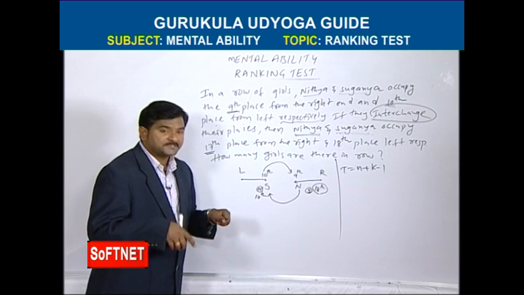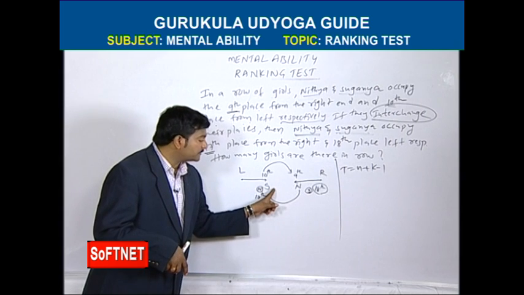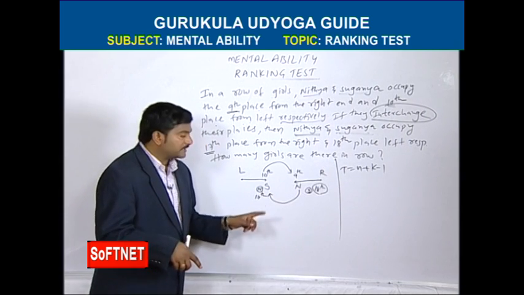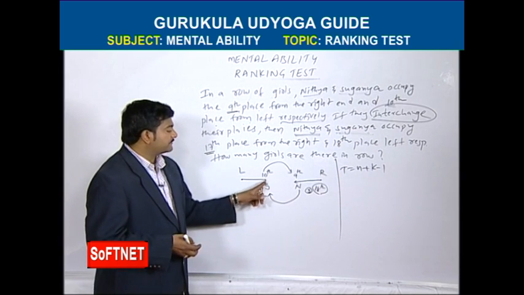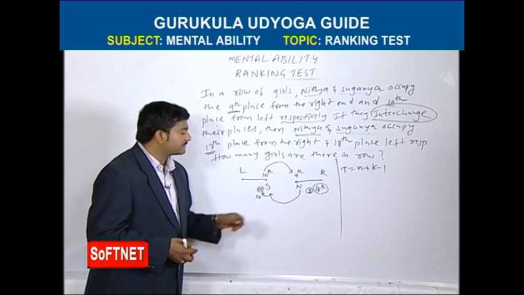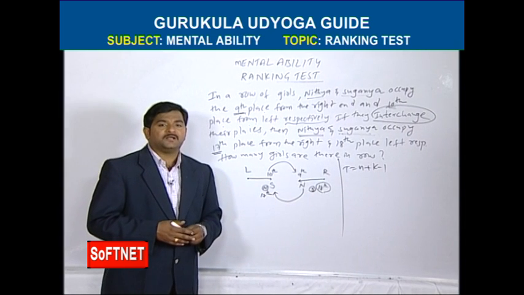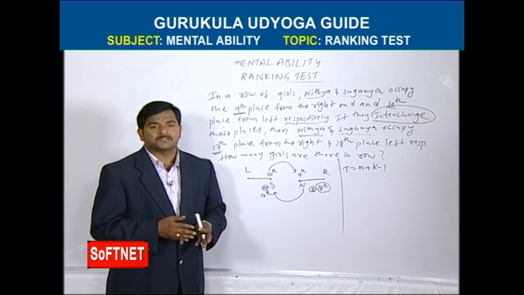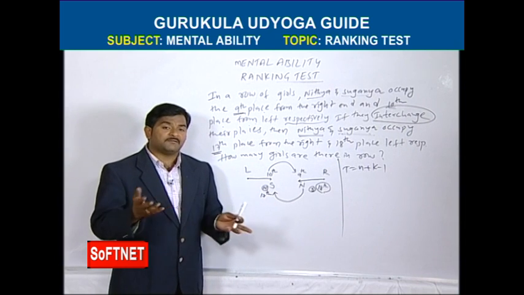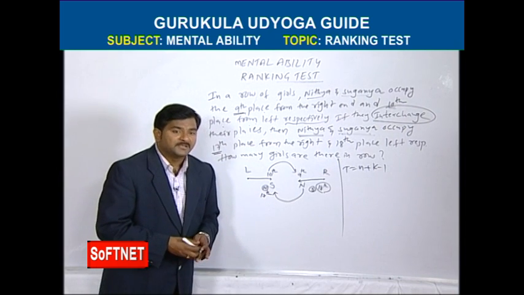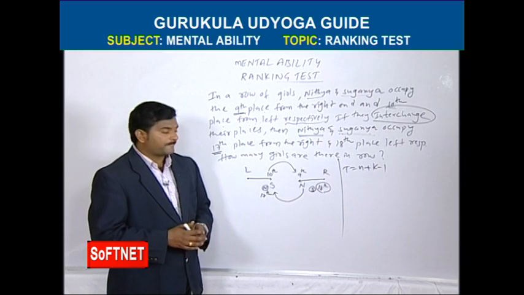That's why, since Nitya is occupying Suganya's position, Nitya is also 10th from the left side. Now I know Nitya's position from both sides, so I can find the total number of girls in that row. I hope you understood, because after the interchange he gave both persons' positions, that's why we can find both.